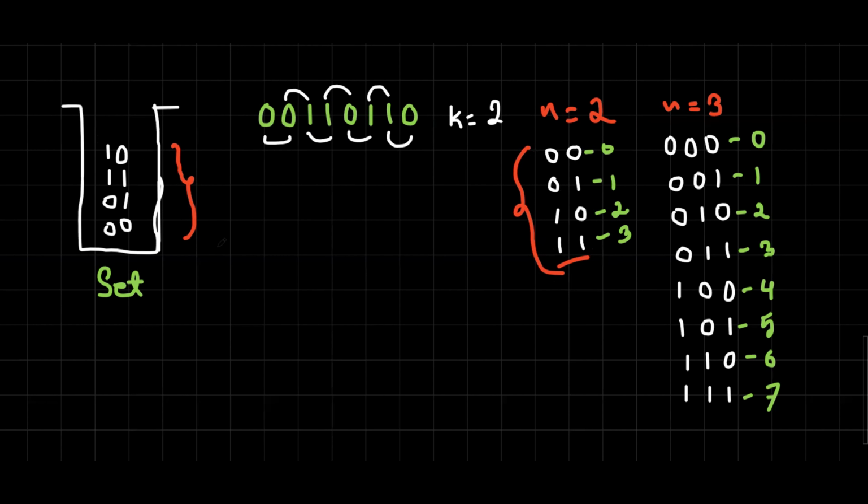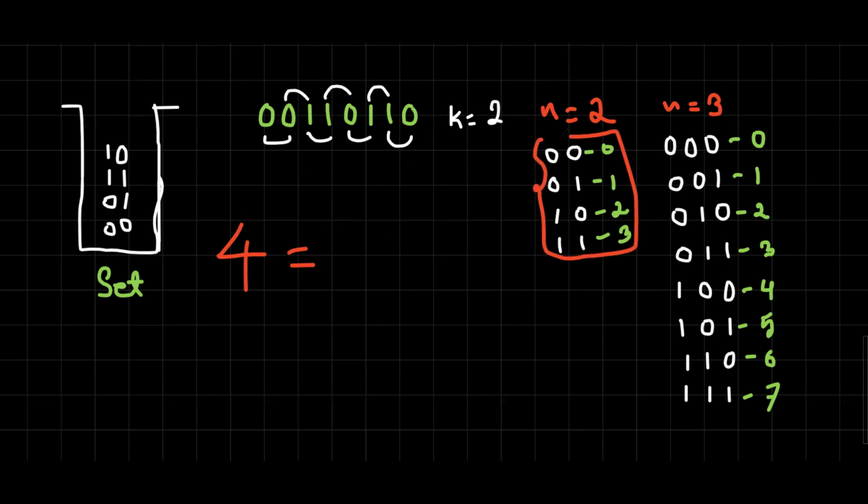Okay, we have inserted all of the substrings of length 2 of this string into our corresponding set. Now, what is the size of the set? Here, the size of the set is 4. Now, this 4 is exactly equal to the number of binary code patterns, which is 2 to the power n, where n is the length of the binary codes.